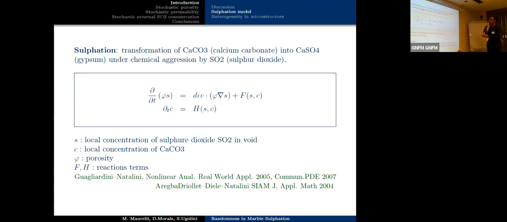Here we are just saying that the sulfur dioxide diffuses inside the pores and reacts with the calcium carbonate to produce gypsum. Here X is the local porous concentration of sulfur dioxide, C is the local concentration of calcite, and phi is the porosity.